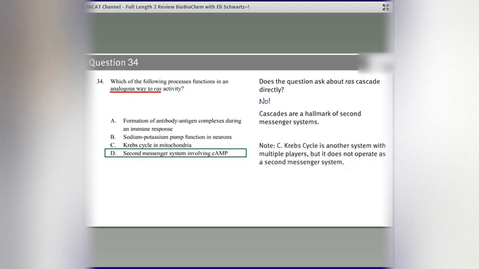Remember, Krebs cycle, though, has a lot of different pieces, but we don't require that primary then secondary messenger system in order to actually have the process work. It's got a lot of moving pieces, but not ones that are required to signal in a second messenger process to the next.